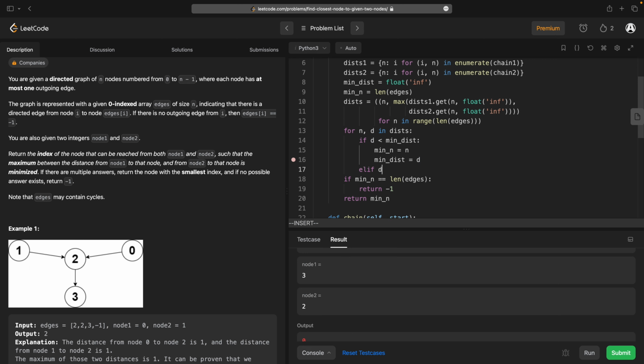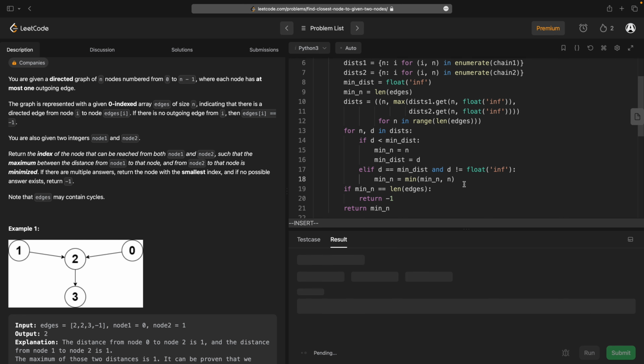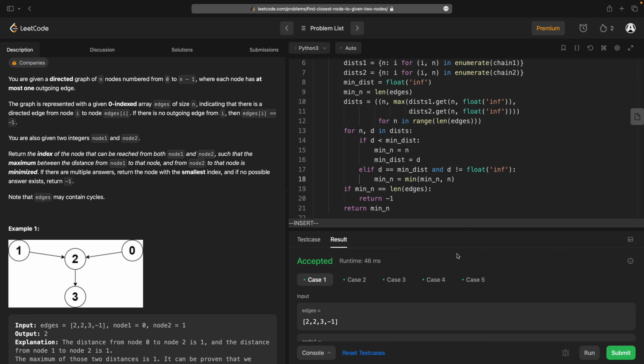If d is equal to min dist, and d does not equal float inf, min n is the minimum of min n and n, and then we don't need to actually do anything with that. Is that the logic that we need here? Yeah, that's what we're after.